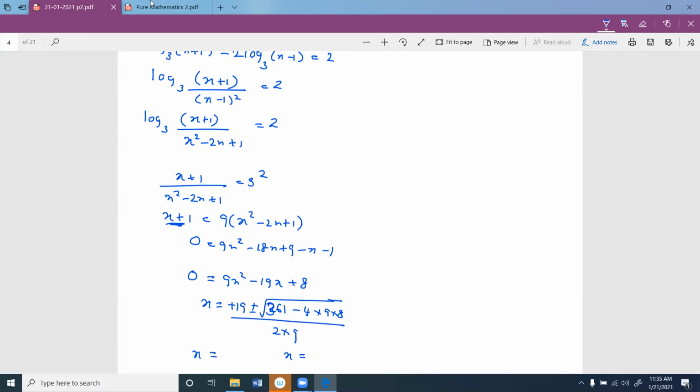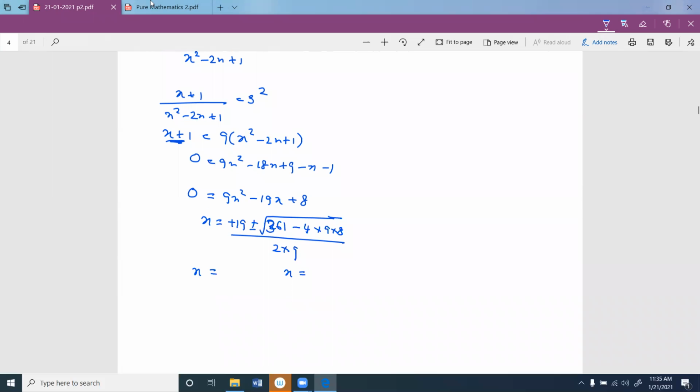That's a way of doing this. So 19 plus square root 73 over 18. Yeah, that's great. Okay. So if you write it like this, you can say 0.58 is one solution. The other solution is 1.53.